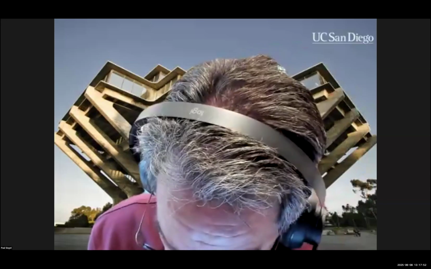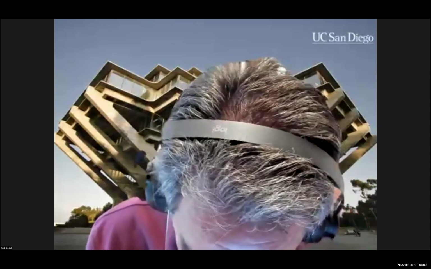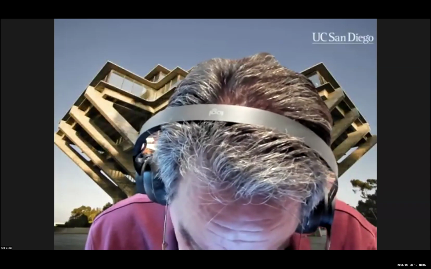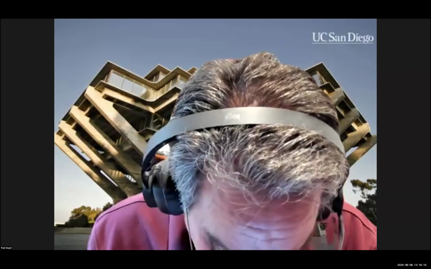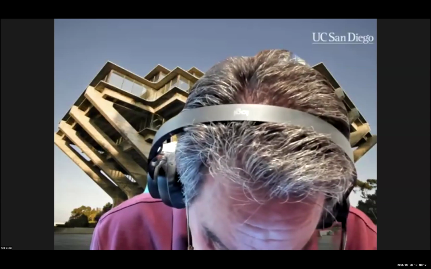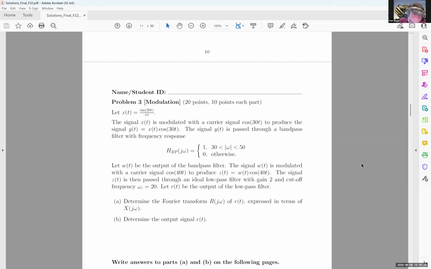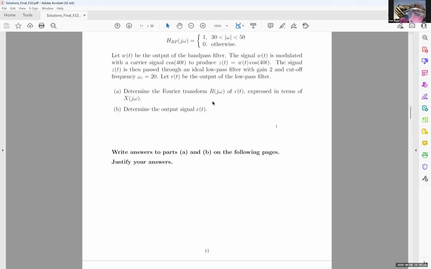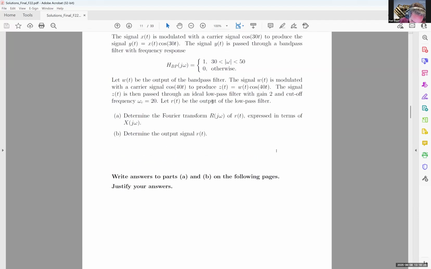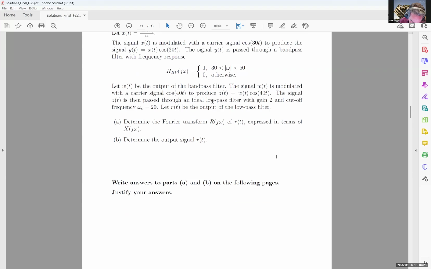Okay, so let me try to get that schematic in here. Let's share the screen. Okay. So the setup is the following.